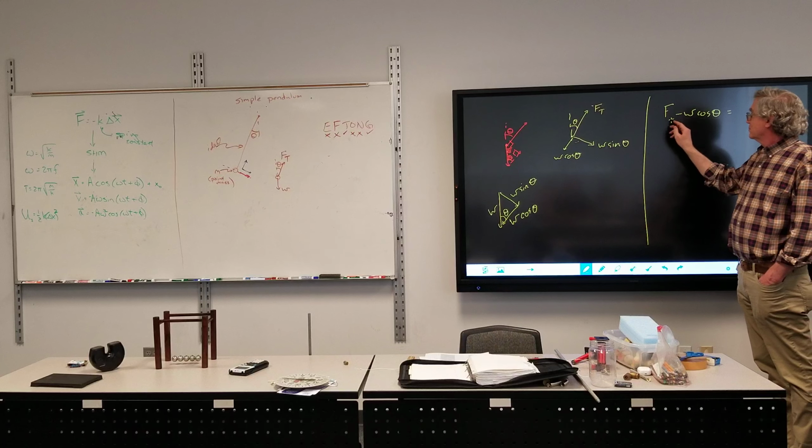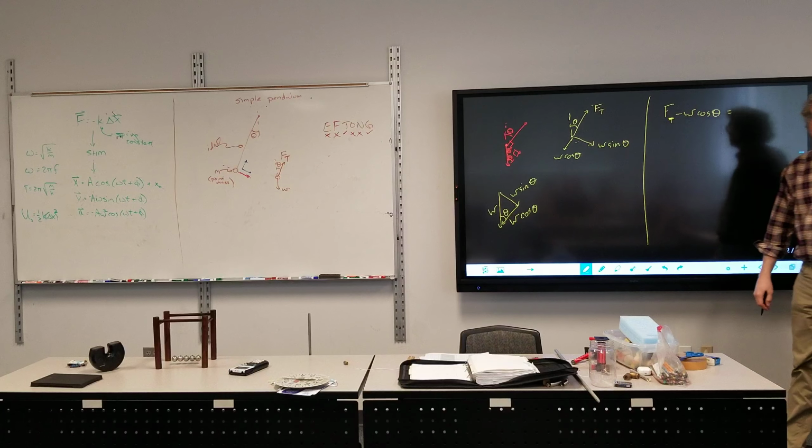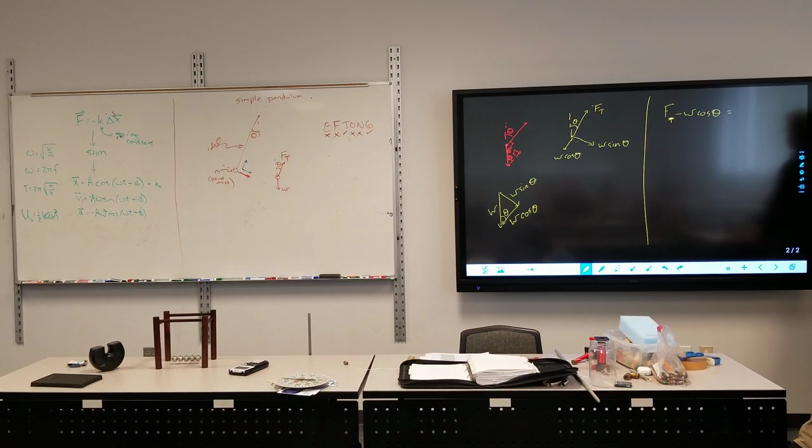That's MA. Be more specific. MA_c. Yeah. That is the centripetal force, the tension minus W cosine theta is the centripetal force. It's mass times centripetal acceleration. All right, one down. What's the other one?